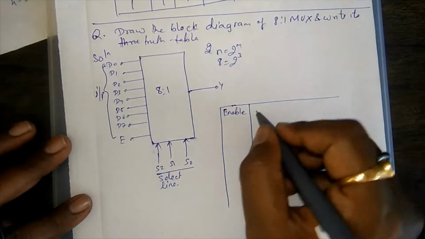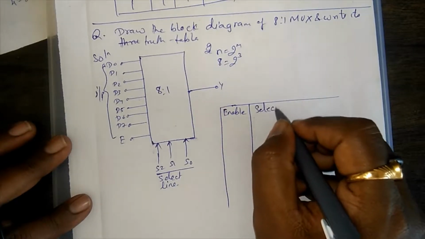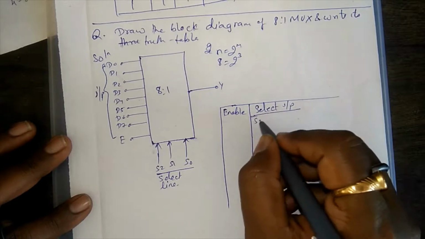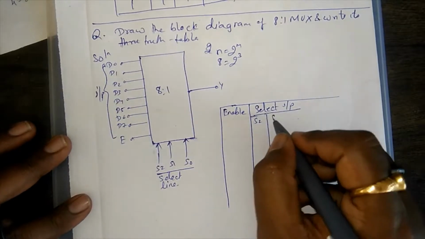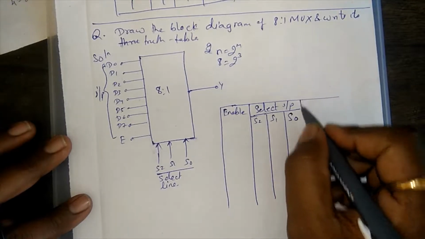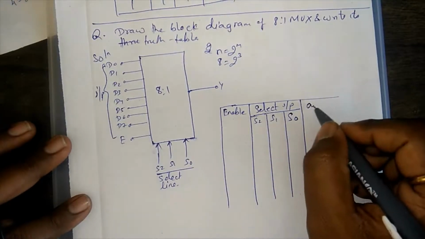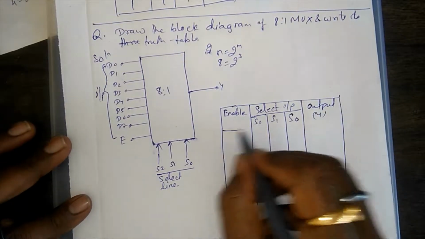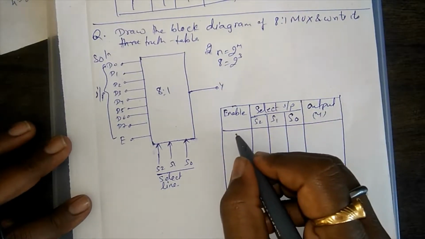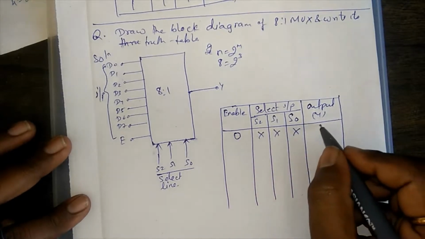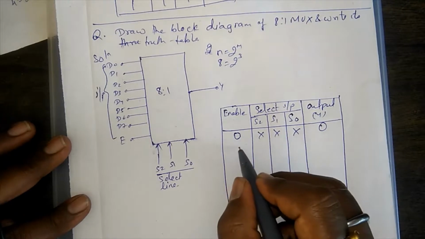Okay, so now we'll draw the truth table. Enable, select inputs S2, S1 and S0, and this is output Y. Enable is 0: whatever the condition of the select inputs, output will always be 0.